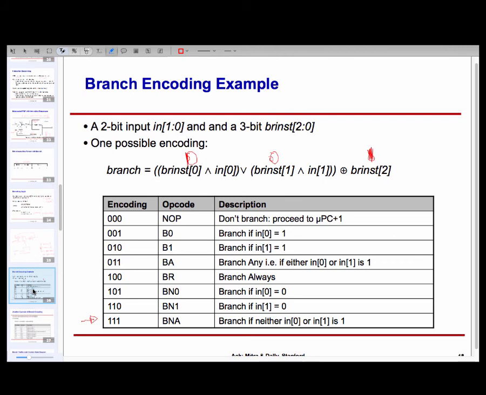Okay, so if input 0 is 0, I want to stay put. If input 0 is 1, I move to the next state. Carrie, how about you? So again, input 0 is 0, I want to stay put. Input 0 is 1, I want to move to the next state.